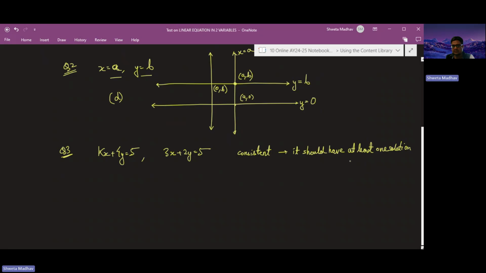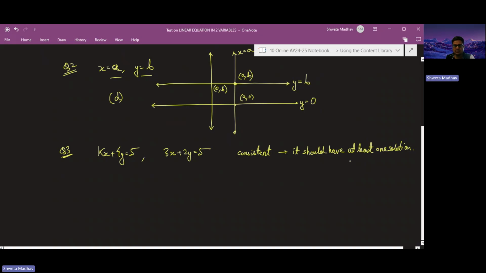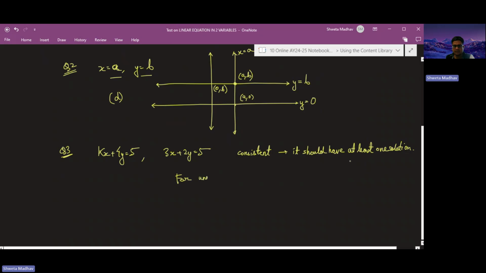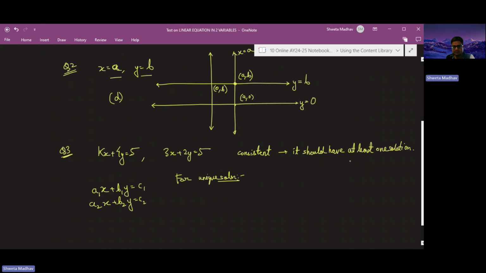So here we know that for a pair of linear equations having a unique solution, the rule is, if I have two linear equations a1x plus b1y equals c1 and a2x plus b2y equals c2, then for having a unique solution the required condition is a1 by a2 should not be equal to b1 by b2.